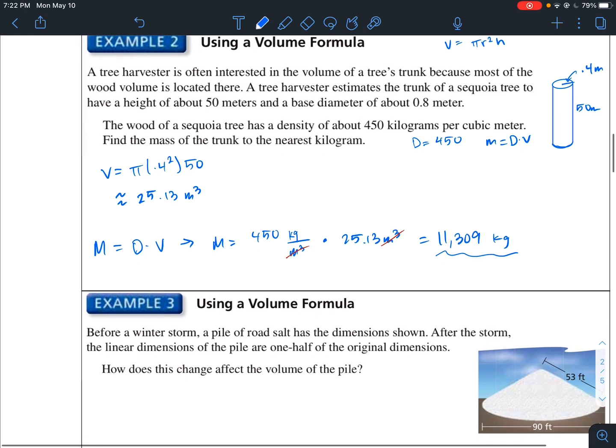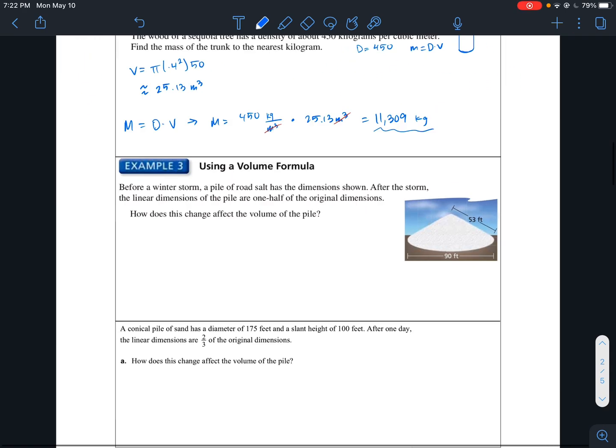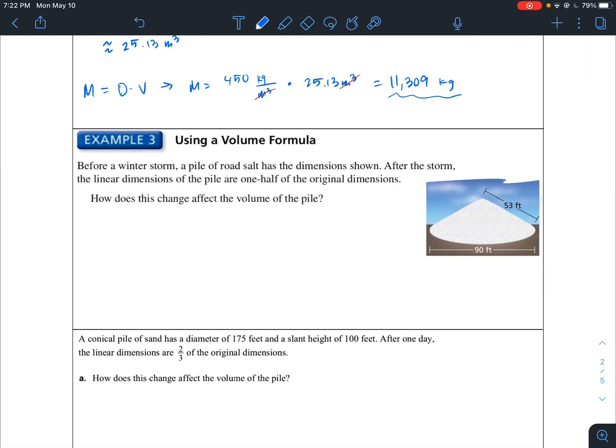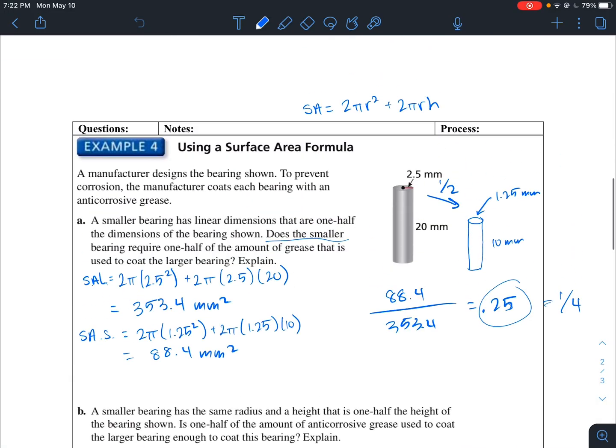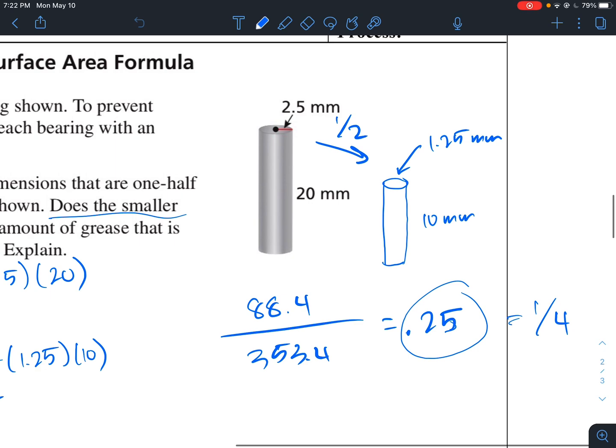Okay, let's do one more. Now, if you remember from the previous notes, in this example problem, we talked about how if we take dimensions of an object and cut it in half, this doesn't mean that the surface area is cut in half.